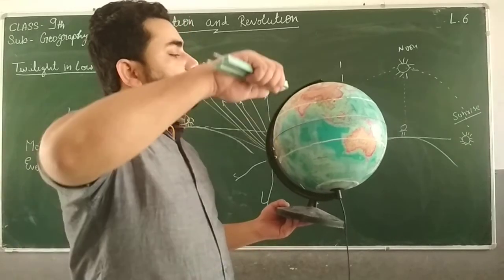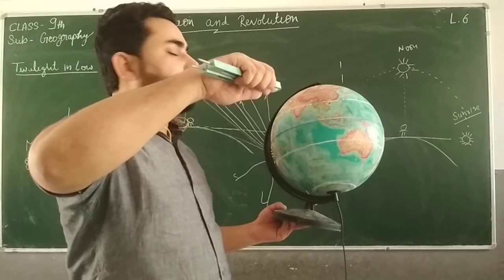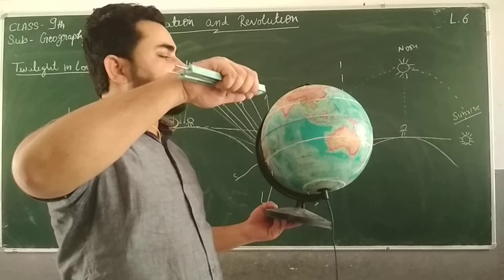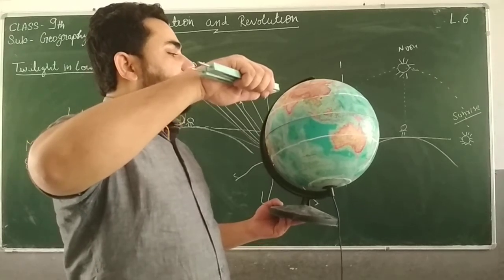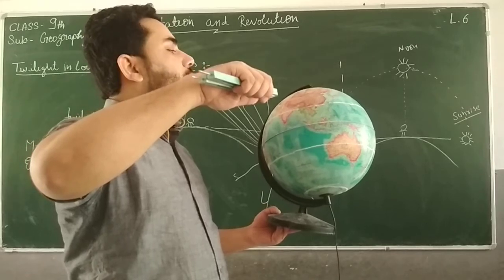So when the sun rays fall at a lower angle, those places will experience twilight for more hours.